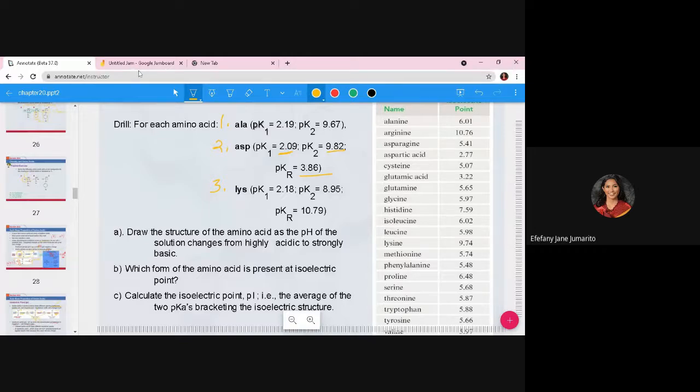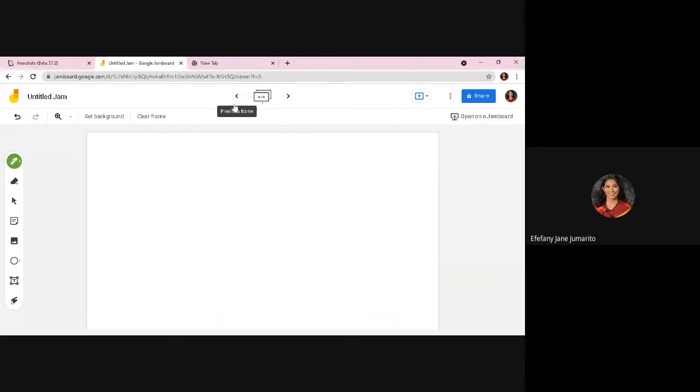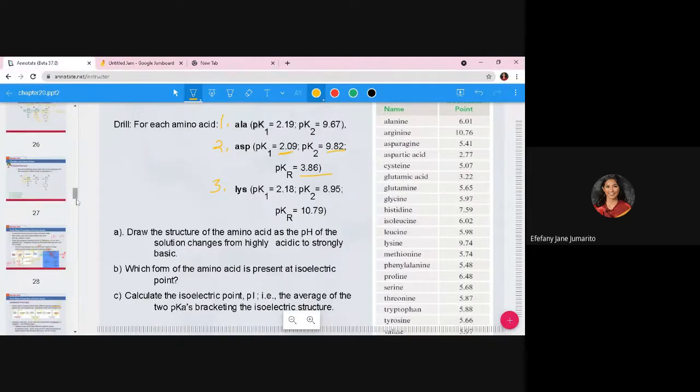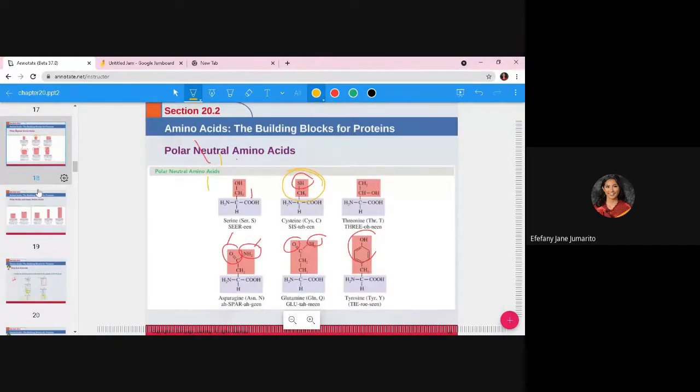So the first thing to do is, what's the structure of asparagine? This is your asparagine. So it is neutral.